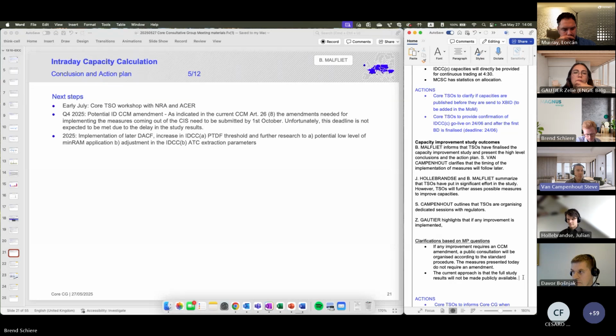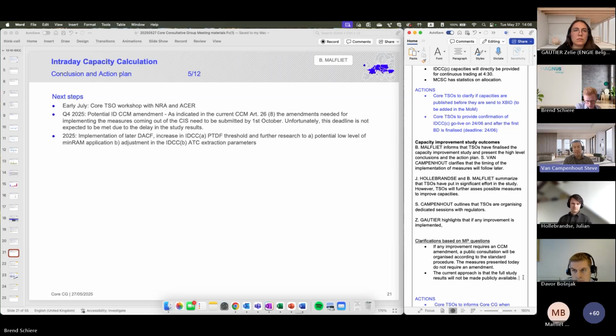This is indeed the focus of the capacity improvement study, that we try to minimize this occurrence of bidding zone isolation, to minimize these pre-congestions in the grid model. IDCC is one mitigation measure that we are putting in place, but the capacity improvement study is also looking at it for IDCB. There will never be a guarantee that it will never occur.